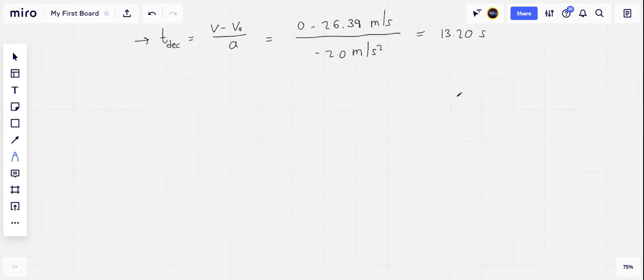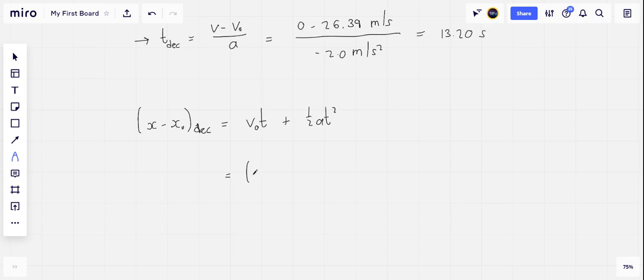So now the distance traveled during deceleration is x minus x naught subscript dec for deceleration, and we use the equation again that we used above for the acceleration, v naught t plus a half a t squared.